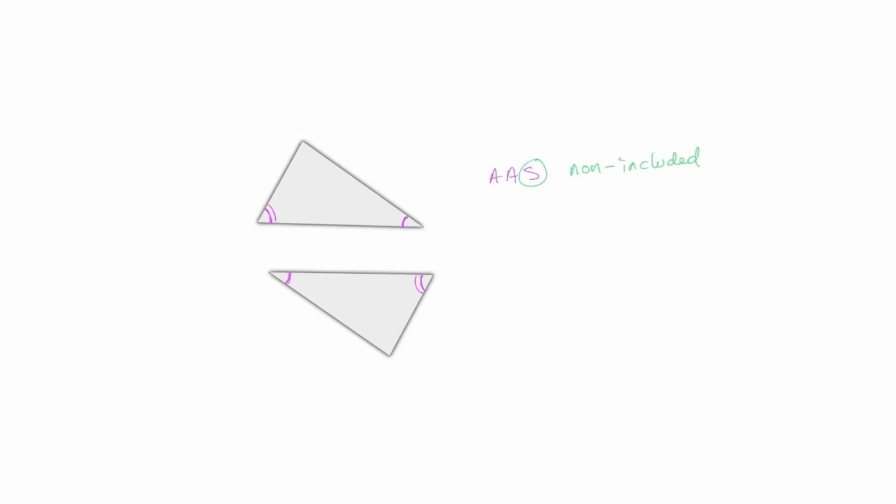So meaning the side basically in order or right outside the two angles. So here I have an angle, angle, side in order, and here I have an angle, angle, side in order. Meaning if I have triangles with two congruent angles and a non-included side, I would say they are congruent by angle, angle, side.